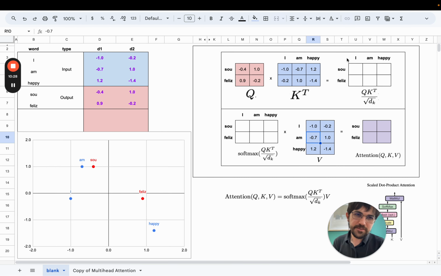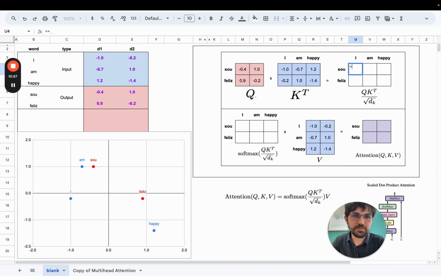And the first thing we need to do here is to perform this matrix multiplication, which is an approximation of the cosine similarity. So what's happening in this dot product is a kind of mapping of the similarity between the words that we have in the query and the words that we have in the key.